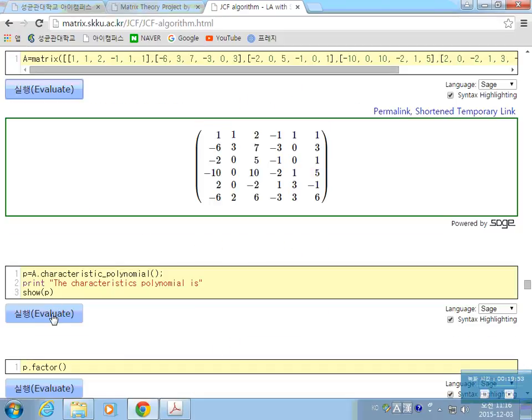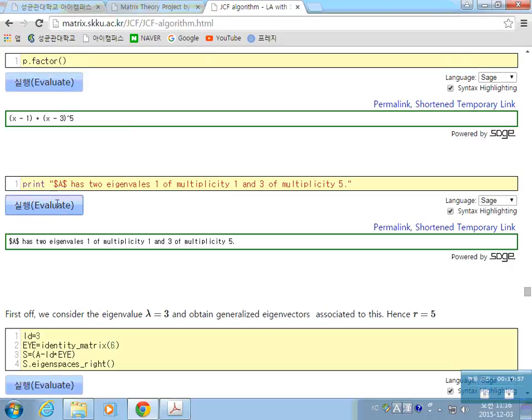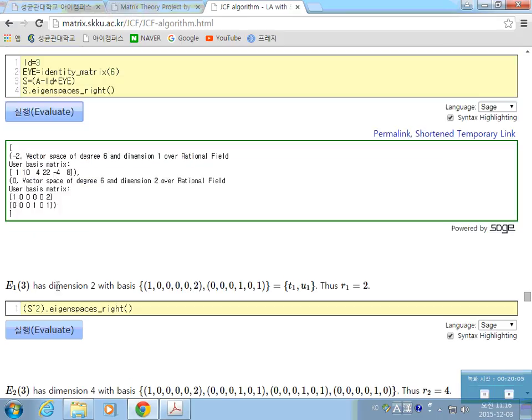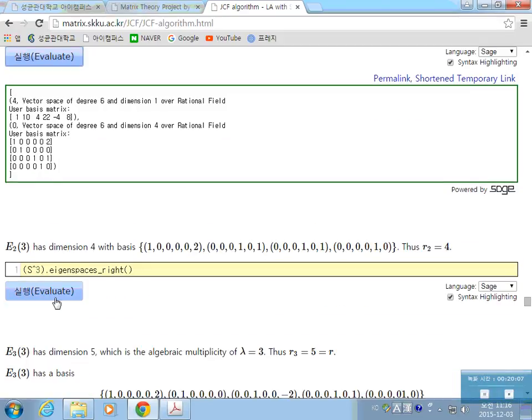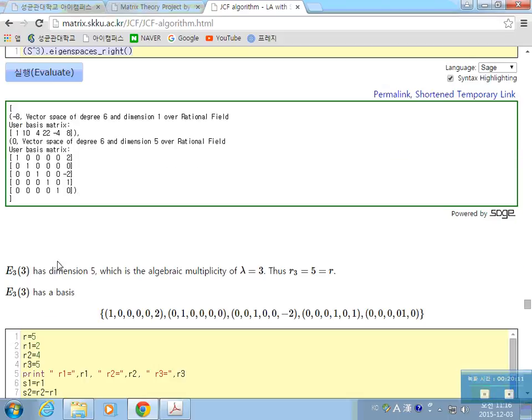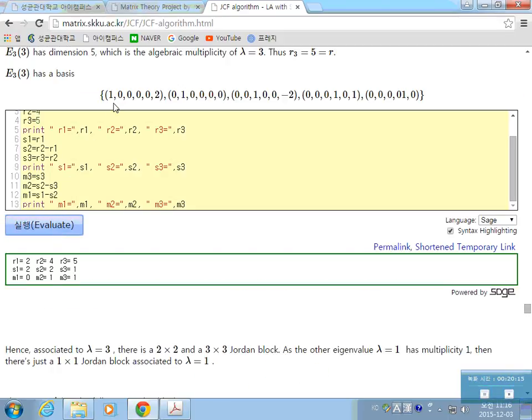This example gives you the same thing. Find the eigenvalues and eigenvectors. This has eigenvalue 1 of algebraic multiplicity 1 and eigenvalue 3 of algebraic multiplicity 5, and you do the computation of this eigenspace, right? This gives you the linearly independent eigenvectors, and it gives you the algebraic and geometric multiplicity. Here, we have coded all at once.